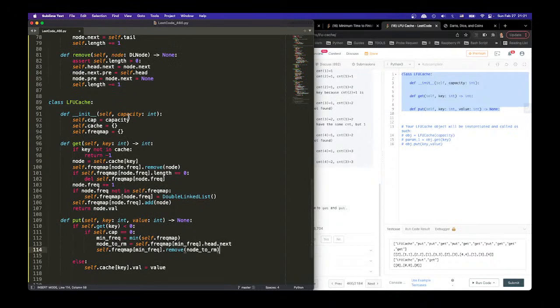Everything's fine. But the same thing, right? If the length of the minimum frequency list is 0, I will remove it from the frequency map.